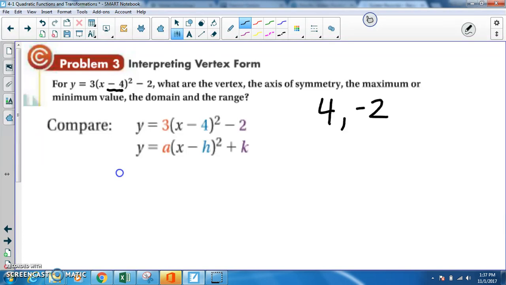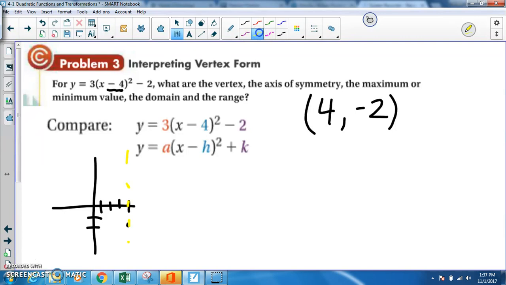Outside is negative 2. Therefore, we have our vertex. From our vertex, we can sketch this: 4, negative 2. I know my axis of symmetry then goes through my x coordinate, so x is equal to 4 is my axis of symmetry.